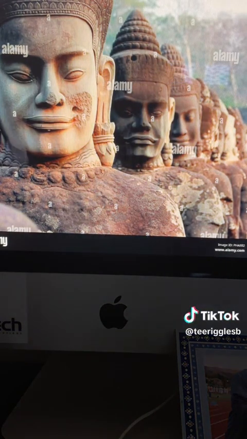Wow. This is the Khmer Empire, which today is called Cambodia. And when did it start? 804 AD all the way to 1410, something like that. That's 600 years.